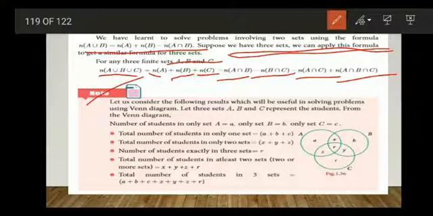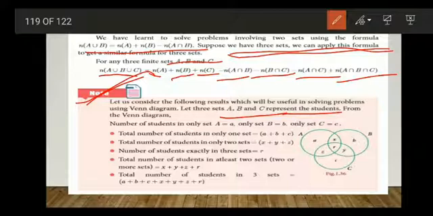Let us consider the following results which will be useful in solving problems using Venn diagram. Suppose we have three sets A, B and C representing the students.